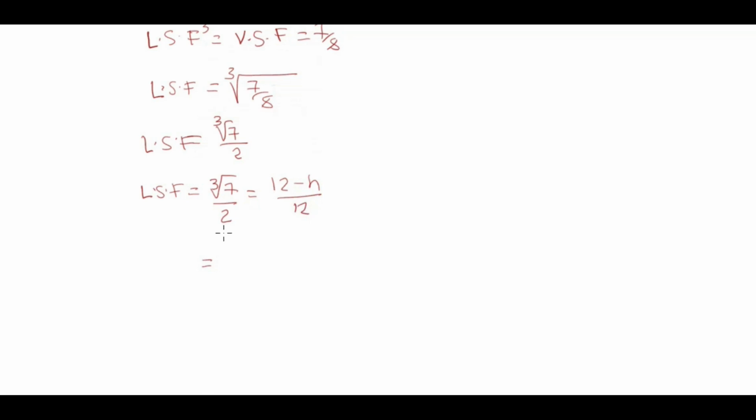So working this out, you'll get 12 cube root of 7 is equal to 2 times 12 minus h. So 12 cube root of 7 is equal to 24 minus 2h.